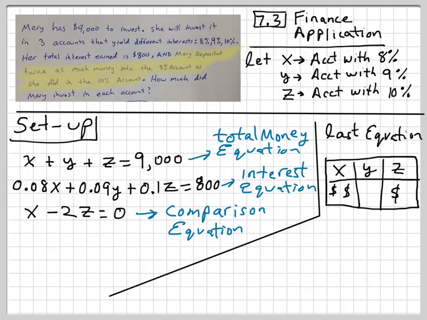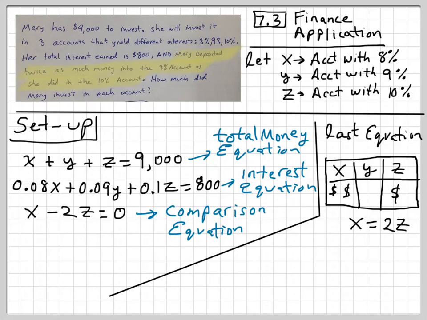So I put a $1 sign there. But whatever that amount is, we do know that twice as much is going to go into the X account, or the account that pays 8%. So I put $2 signs there.